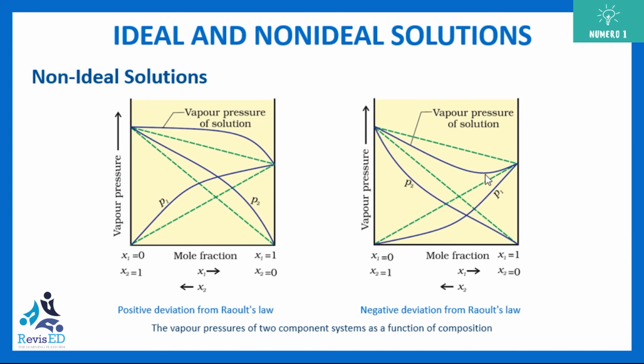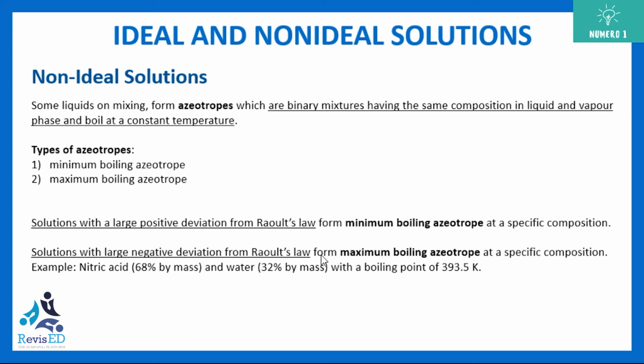To understand this point, here the vapor pressure requires more temperature to achieve the atmospheric pressure, and only then will it boil. So that means a large negative deviation from Raoult's law will show maximum boiling azeotrope. One example is a mixture of nitric acid, 68% by mass, and water, 32% by mass, with a boiling point of 393.5 Kelvin.